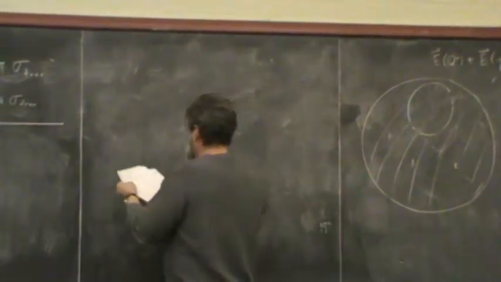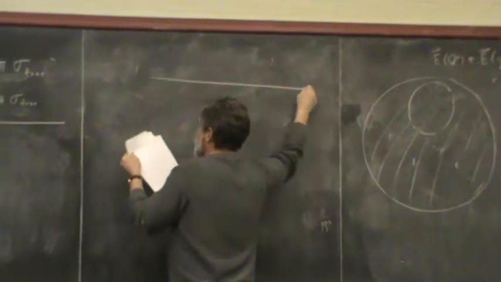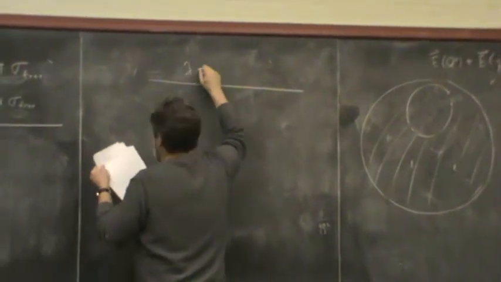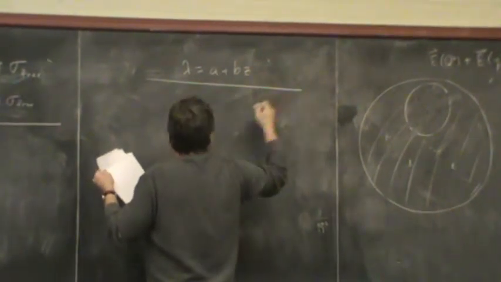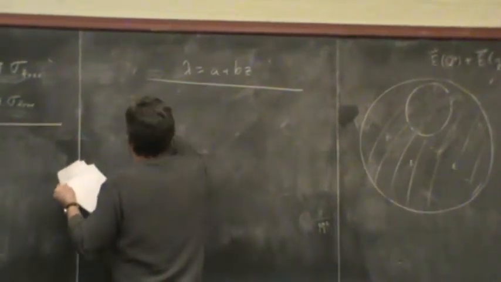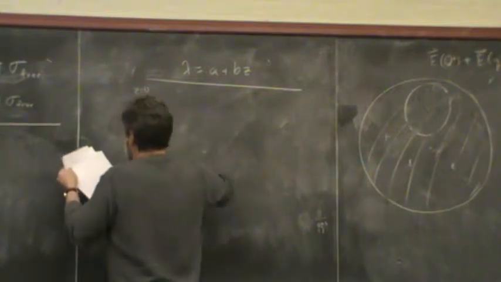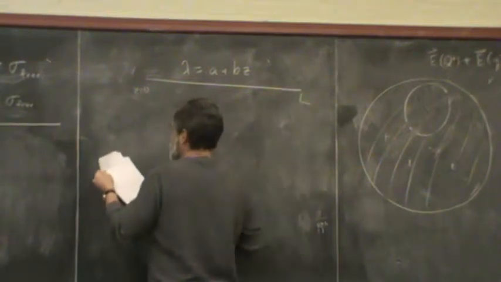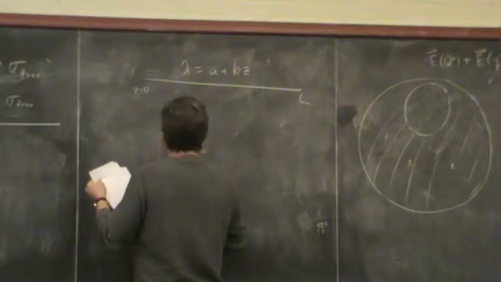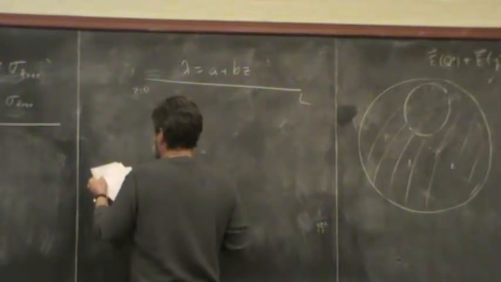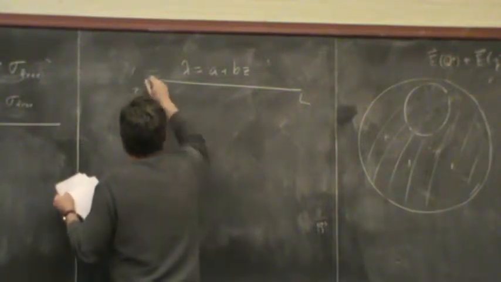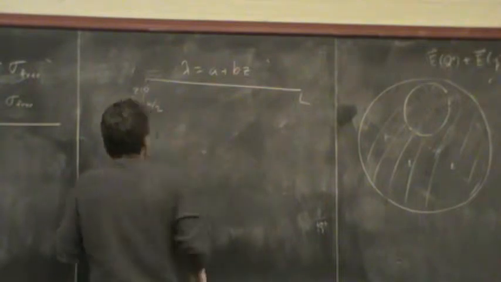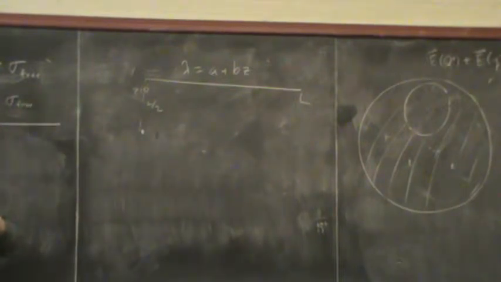Was this one a line of charge where the charge density is equal to A plus B Z, so that must be the Z direction, from Z equals 0 to Z equals L. Find the electric field at this point over here, L over 2 off the axis.